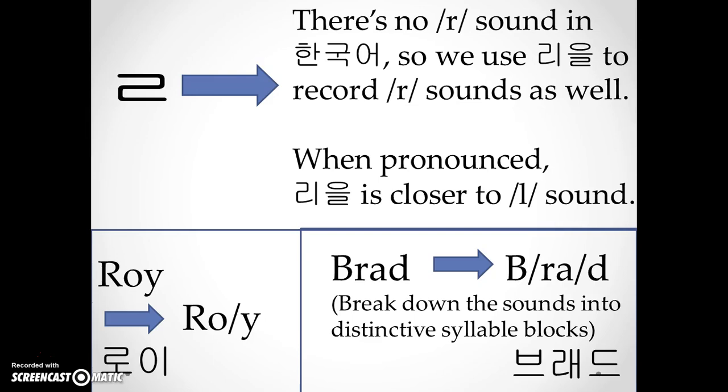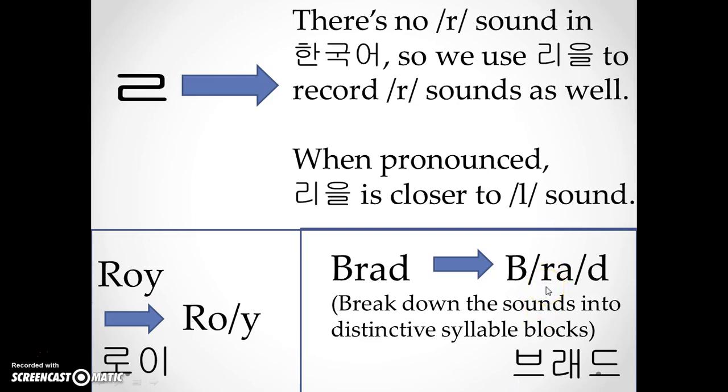I know Brad, if you clap it, will be just one syllable in English, but not in Korean. Because if you notice, the bu sound, that's a B right there, right? That's a standing alone consonant, and since it cannot stand on its own, we have to add the vowel at the top. So that's bu.